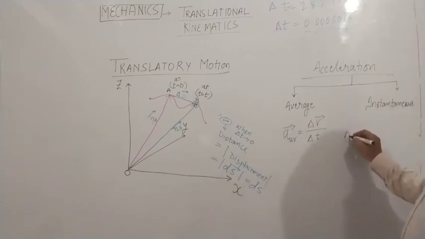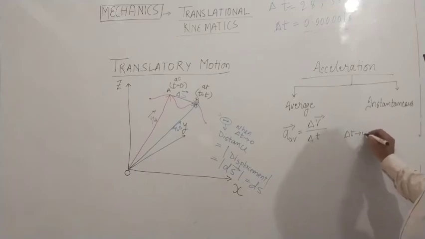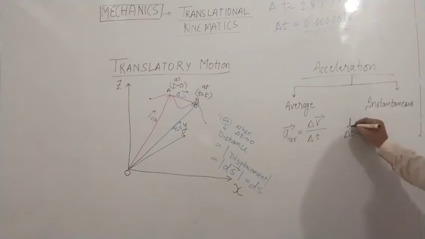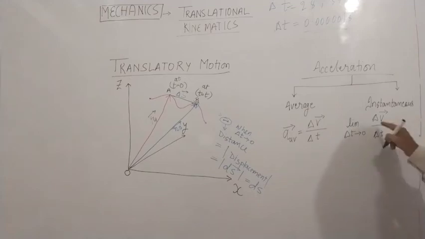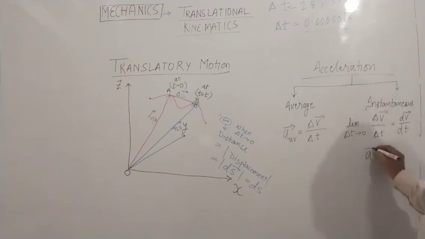But when you reduce delta t tending to 0 and apply this limit over delta v by delta t, this will become equal to dv by dt, because then the changes in velocity will be very small, and that is known as instantaneous acceleration. So instantaneous acceleration is nothing but the rate of change of velocity, right?